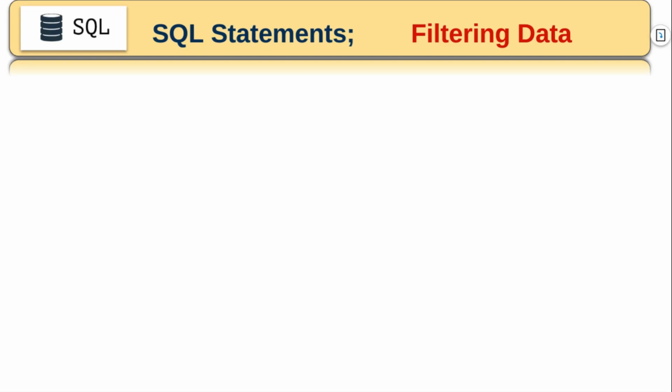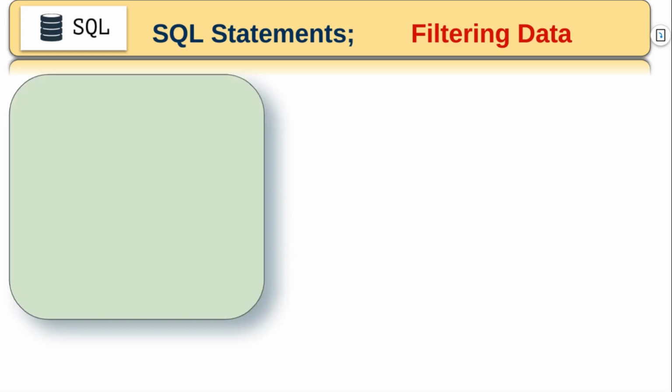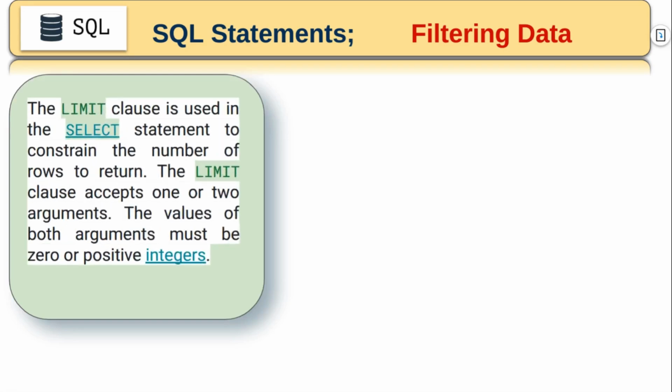In today's session we are going to discuss the limit clause. Let's see what the limit clause is. The limit clause is used under the select statement, as you can see on your screen, and it constrains the number of rows to be returned.